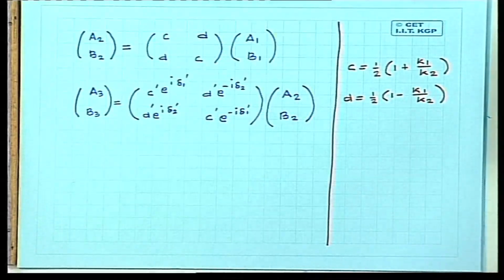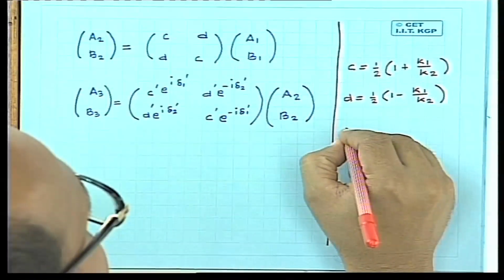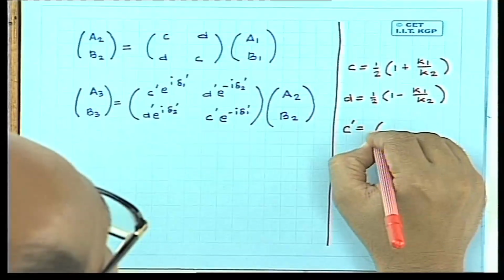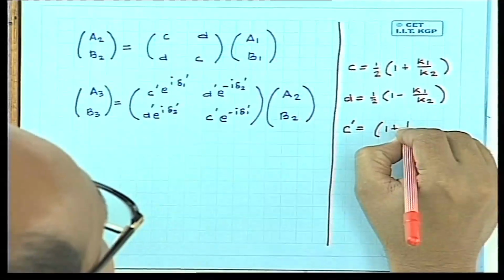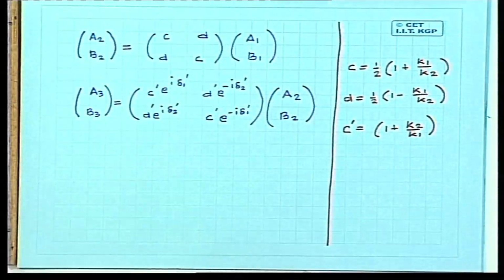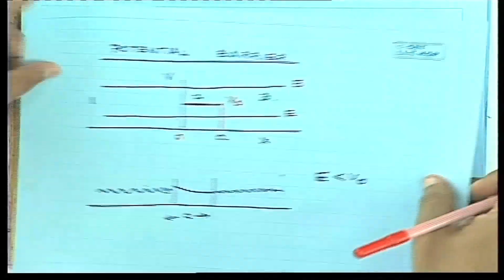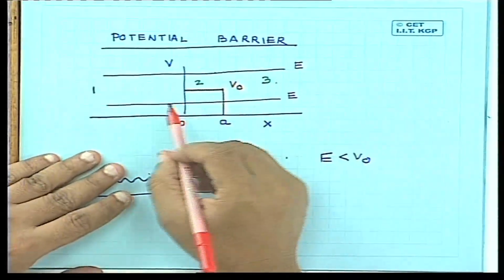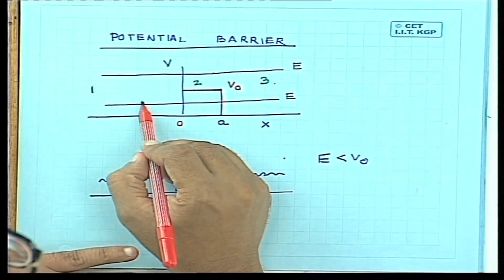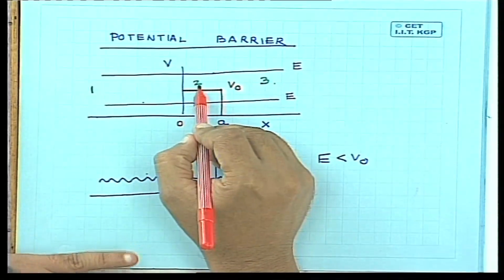So now let us write down what are C prime and D prime also. So C prime is equal to half 1 plus K2 by K1, because the quantity which comes in there is the ratio of the wave number here by the wave number here.